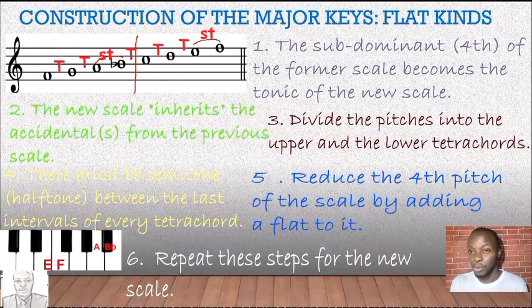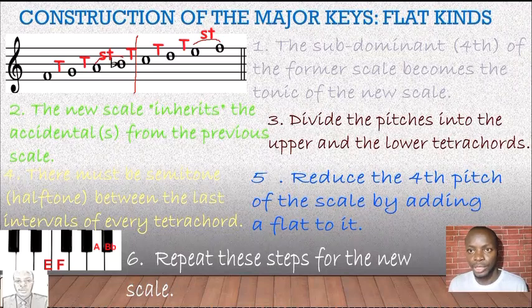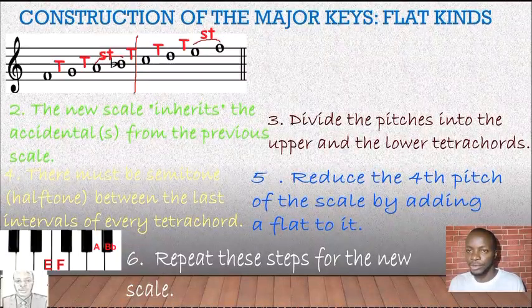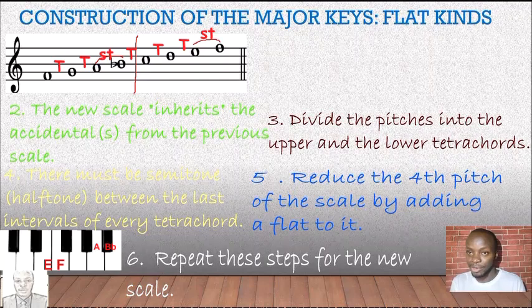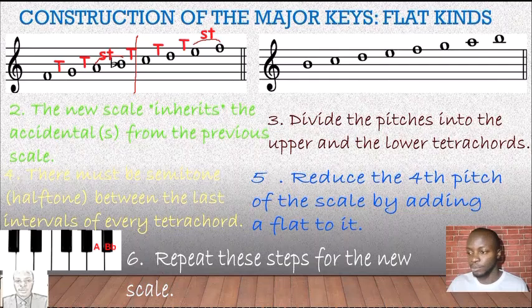Meanwhile, the new key will start from that 4th note. So in this case, you call it the scale of B flat. Remember, B major has sharps. It's of the sharp kinds, right? And B flat is of the flat kinds, right? So B flat major. Of course, the first note and the last note, we have the flat.